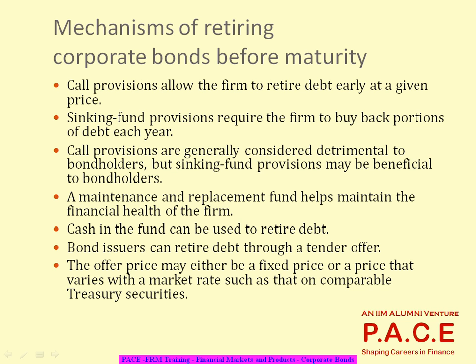So instead of buying back everything after the 5th year or something, we'll do a 10% buyback every year. That is a sinking fund provision. The loan outstanding, or the bond value outstanding, is going down.